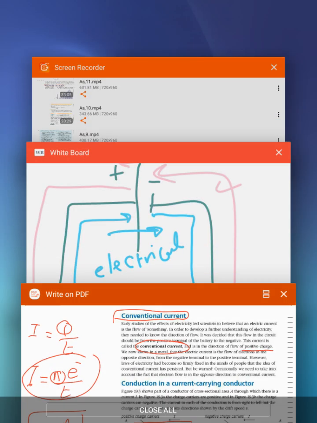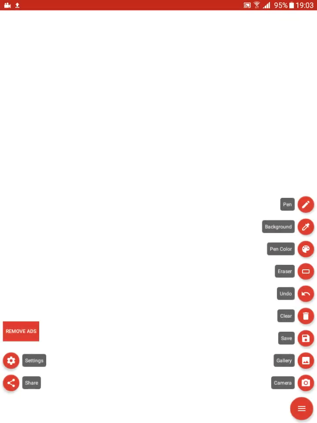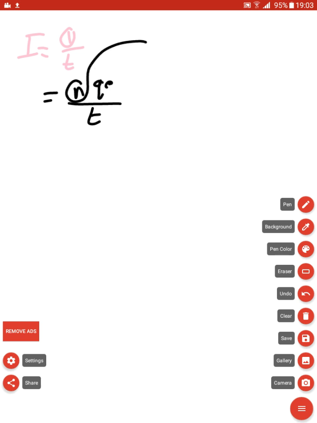Let's do this again because it's an important law. I equals Q over T, which is n, the number of electrons, multiplied by the charge of an electron, over time. We have capital N, which is the number of electrons per volume. This is the electron density.